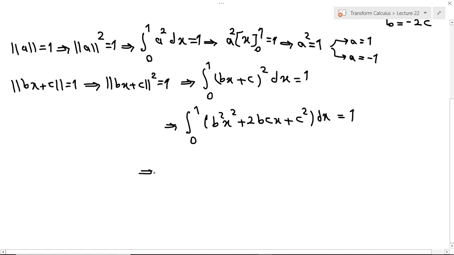So it means that b squared x cubed divided by 3 plus bc x squared plus c squared times x, from 0 to 1, should be equal to 1.